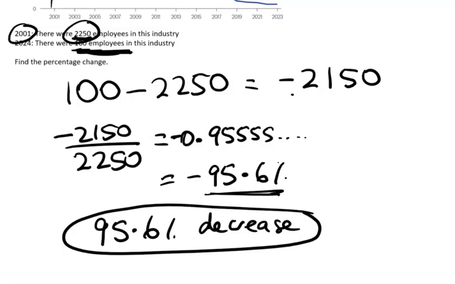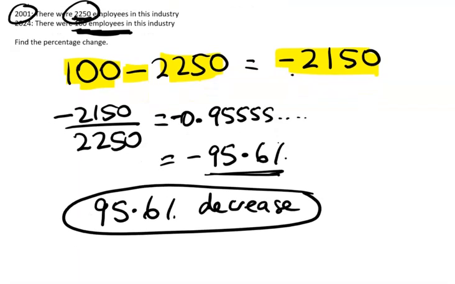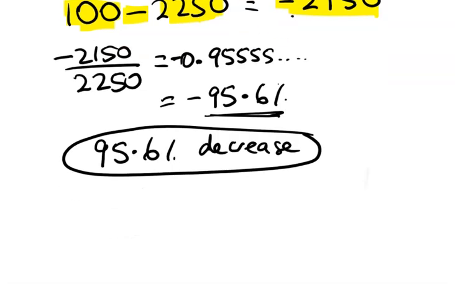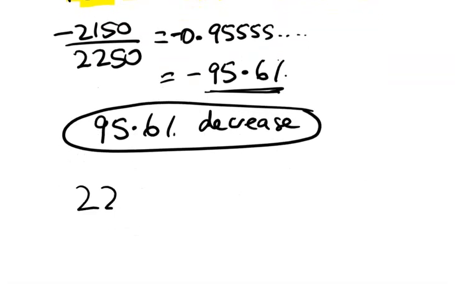So notice that there I end up with this negative number because I went new number, take away old number, right? And that gets me a negative number. But I don't have to do it that way. If you're just thinking about it, you're going to say, oh, there used to be 2,250, and now there are 100. So you're just working out that gap, right? So this is how I do it.